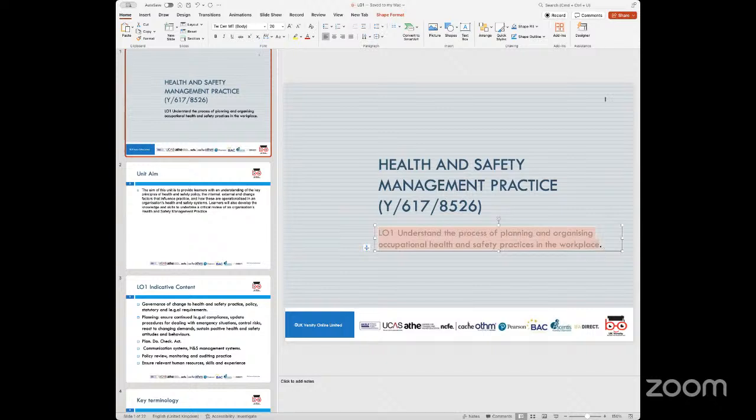One of the reasons for moving some of the units around is to look at which units have a lot of content. This unit is quite big because it has 6 learning outcomes. Some other units have two, or most units have 4 learning outcomes, although some have three. Generally, most awarding bodies will have 4 learning outcomes.